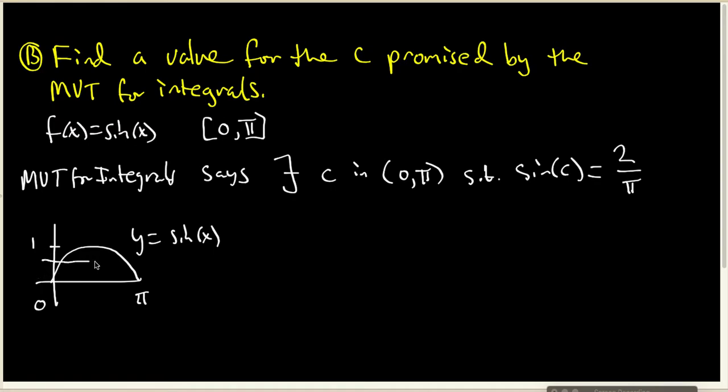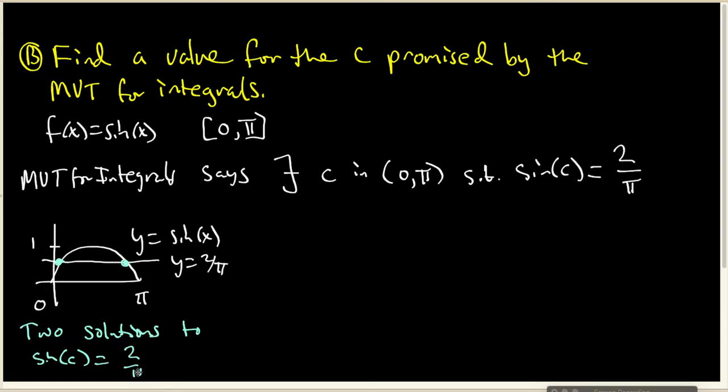So there's some horizontal line here that is y equals 2 over pi. And I can clearly see that I am going to be getting not 1, but 2 solutions. So I'm expecting 2 solutions to the equation sine of c is equal to 2 over pi.